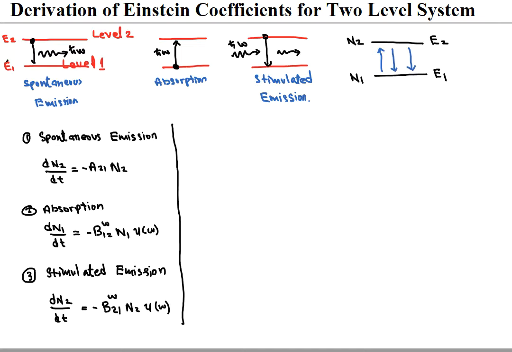Apart from these three phenomena, we can talk about another way Einstein thought of it. So Einstein thought of it as a box, right?